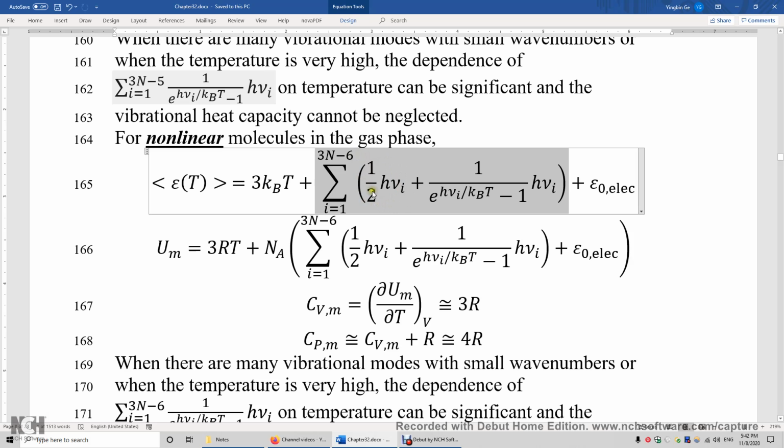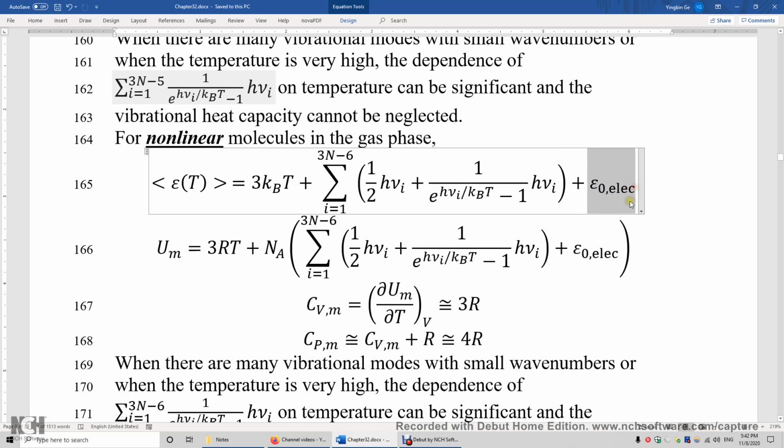So this part is the zero-point vibration energy, or you can say this is the lowest possible vibrational energy. And over here, this is the thermal correction to the vibration energy. This part does depend on temperature, therefore this part may contribute to the heat capacity.